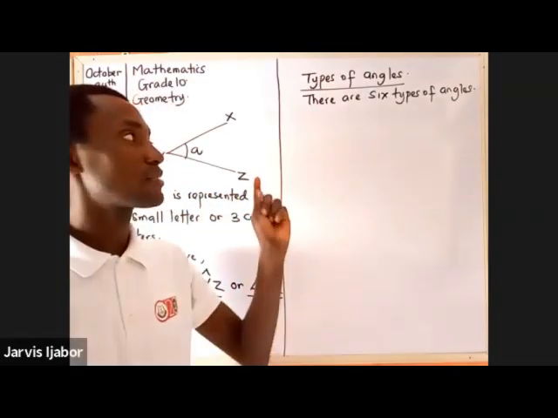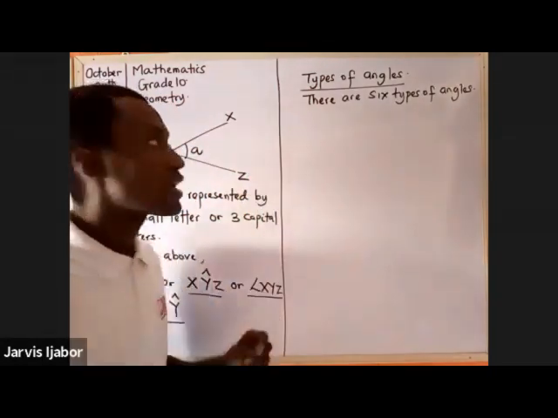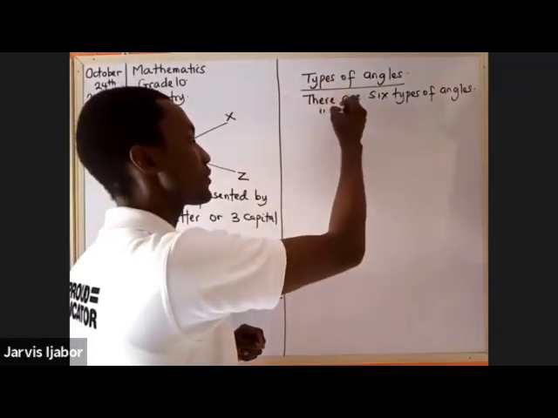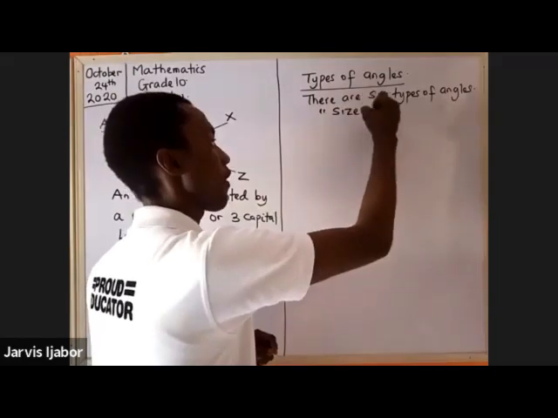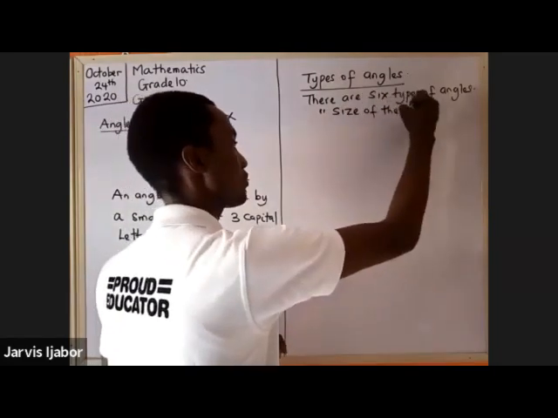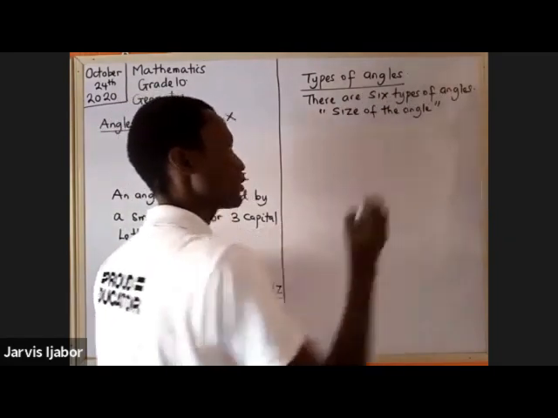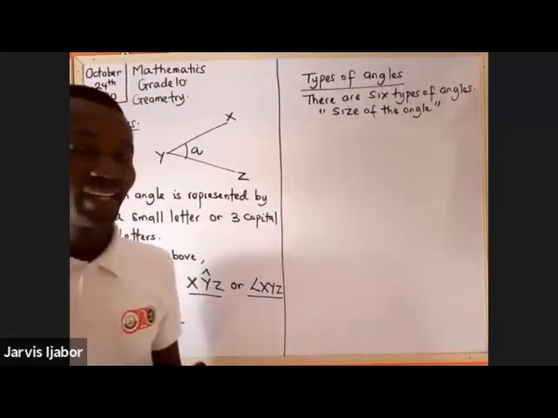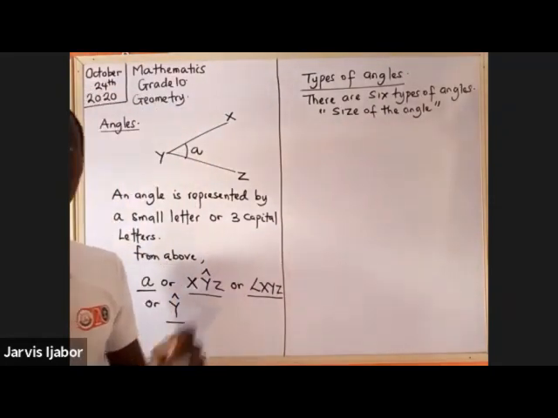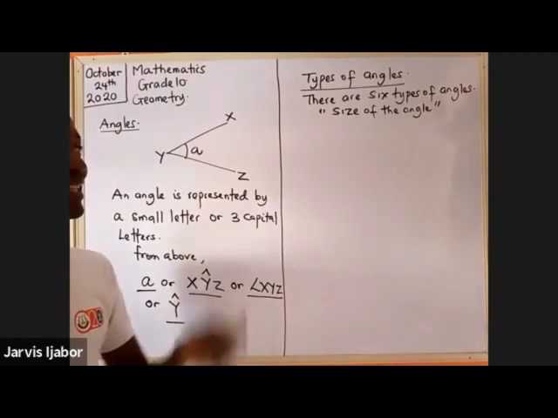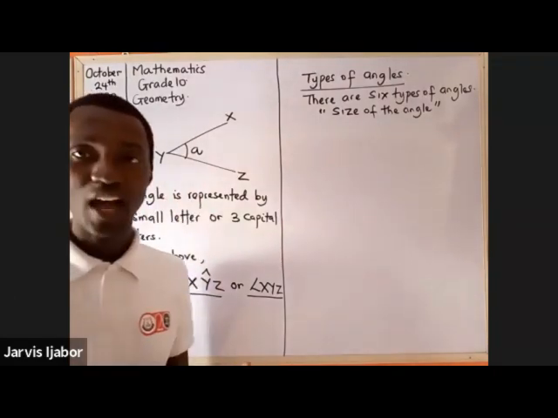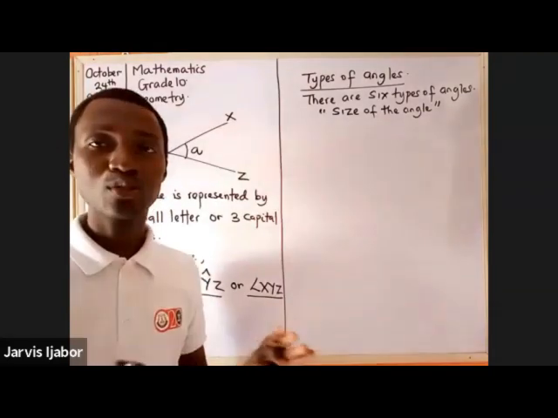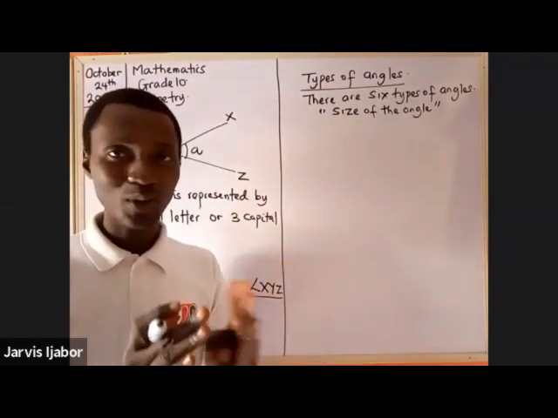When I talk about types of angles, I am using the criterion, the size of the angle. Please let's take note of that. I'm considering what? The size of the angle. So I'm not talking about the interaction of the angles.